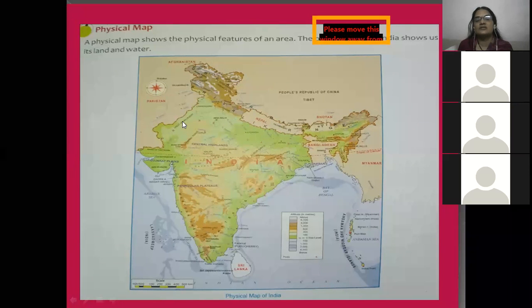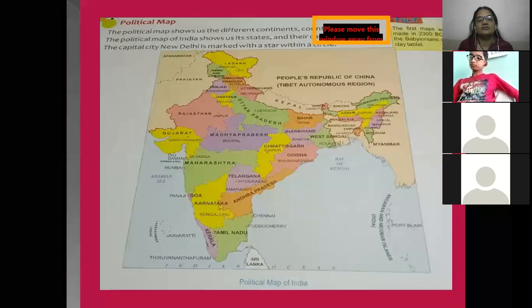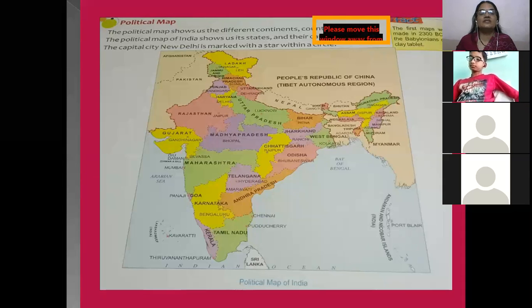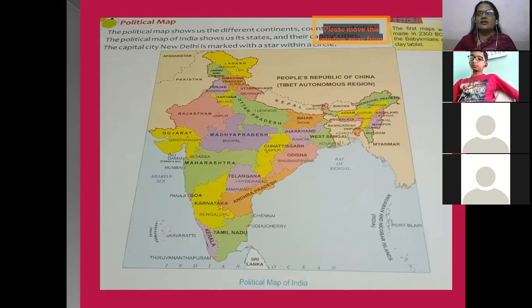Now we move towards the next part, that is the political map. The political map shows us the different boundaries of different states and the neighboring countries. The political map shows us different continents, countries, and cities.